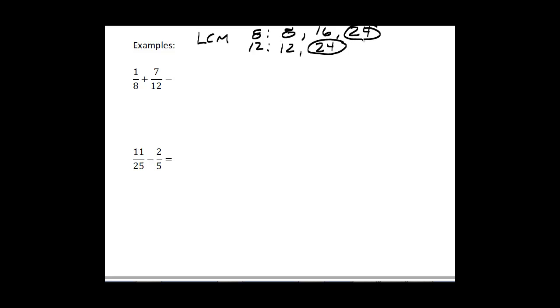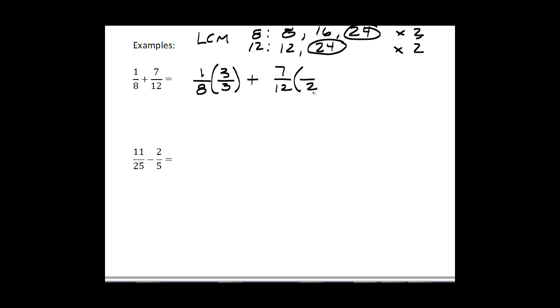Again, I have to multiply 8 by 3 to get to 24, and I have to multiply 12 by 2 to get to 24. So we're going to find the equivalent fractions here, 1/8, and we're going to multiply it by 1, but this one we're going to call 3 over 3. And to that we're going to add 7/12, but we're going to find the common denominator here and get to the 24 we wanted.